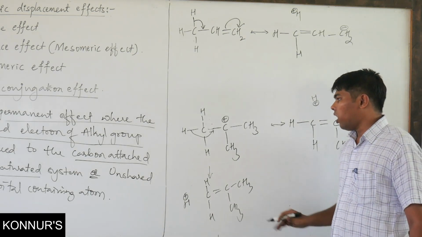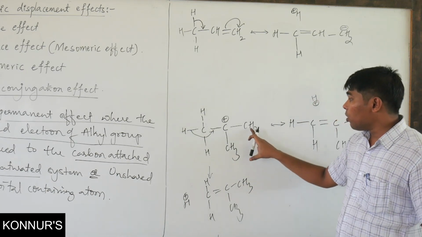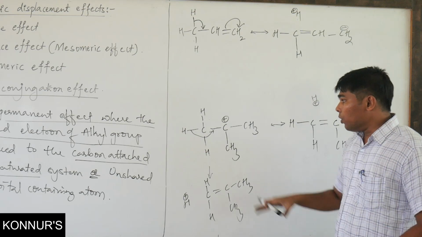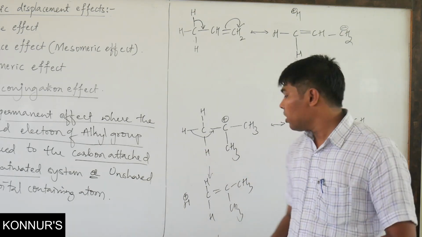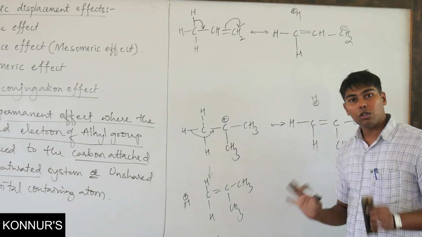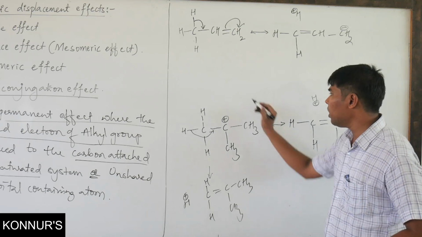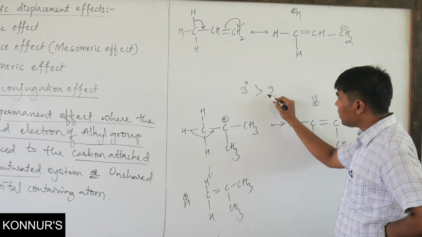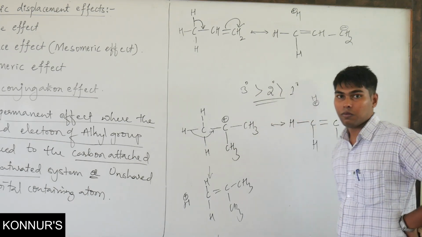Such structures will arise, 9 in number, because the sigma bonded hydrogens are 9 in number. Due to all these 9 hyperconjugation structures, the tertiary carbocation is the most stable among all carbocations. Tertiary is more stable, due to having more hyperconjugation effects, then secondary carbocation, then primary. It will come like this.